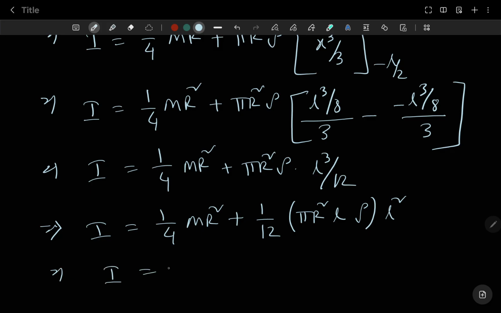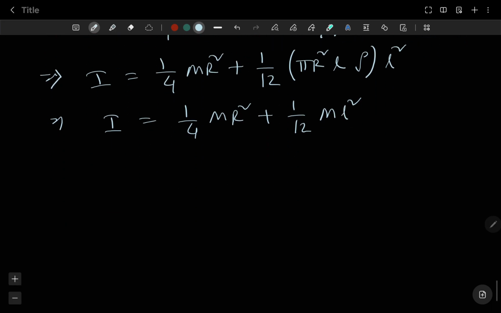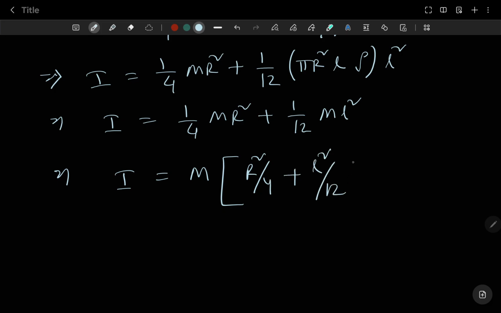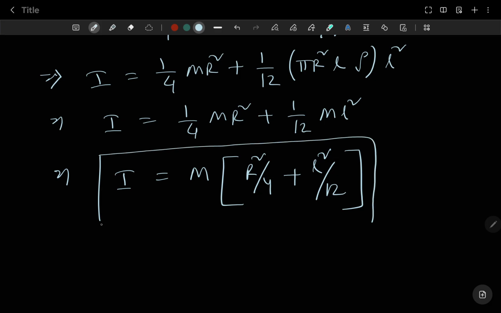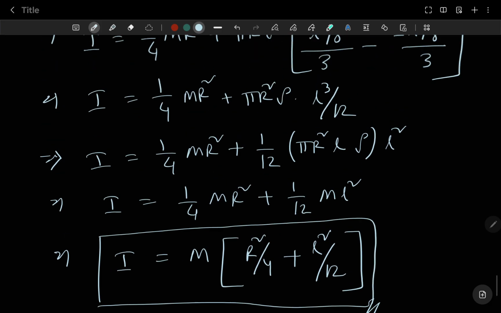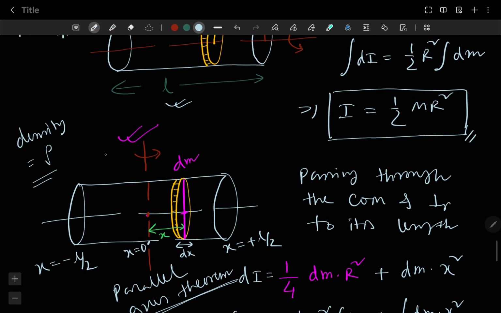So it will be 1 by 4 m r square plus 1 by 12 m L square. Let us take m common: m times (r square by 4 plus L square by 12). So it is the moment of inertia of the cylinder about this axis. Fine.